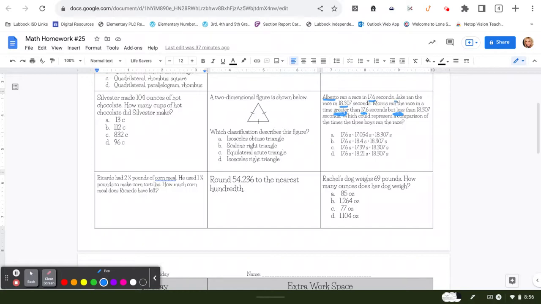So which of these could represent the times the boys raced? In all the answer options, I see 17 and 6/10, which we need, and I see 18 and 307 thousandths, which we need. So I'm looking for the one that makes the statement true.